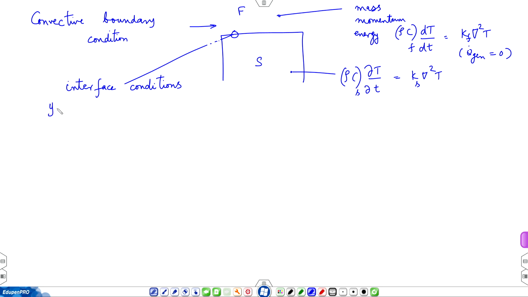Interface conditions, so let us say y equal to 0. Suppose you are solving on the fluid side, which is y equal to 0 plus. Then you will say T f is equal to T s. And if you are solving on the solid side, this is at y equal to 0.